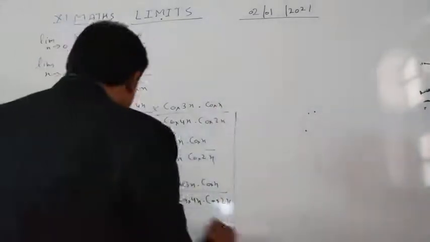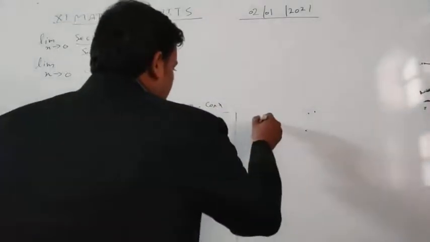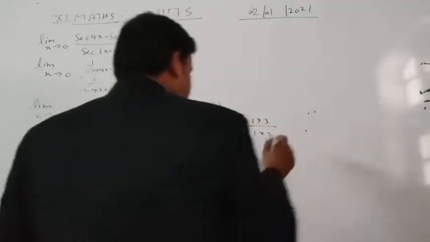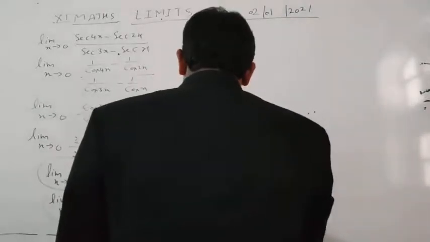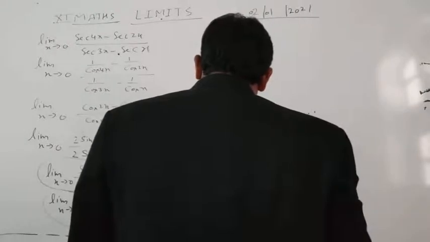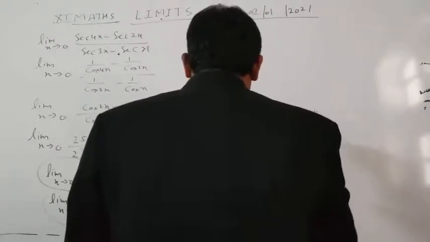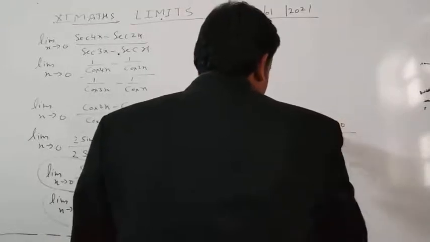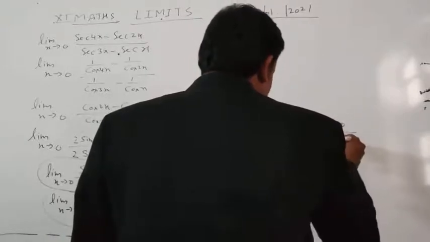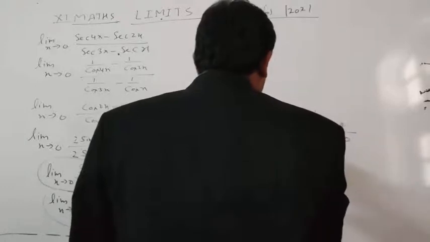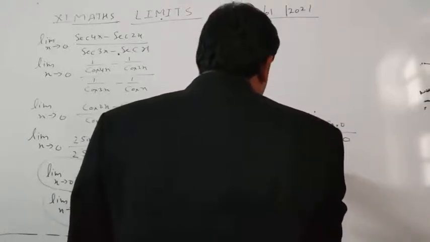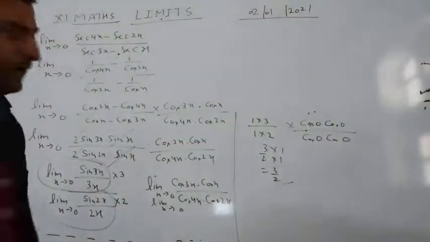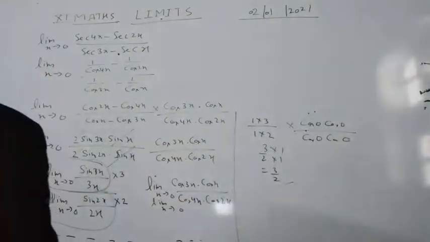So at the place of this we can write 1 into 3 by 1 into 2 into, and here cos 3x into cos x, we will put the limit, we get cos 0 cos 0 cos 0 cos 0. So student, we get 3 by 2 into 1, which is 3 by 2, and 3 by 2 is our required result.